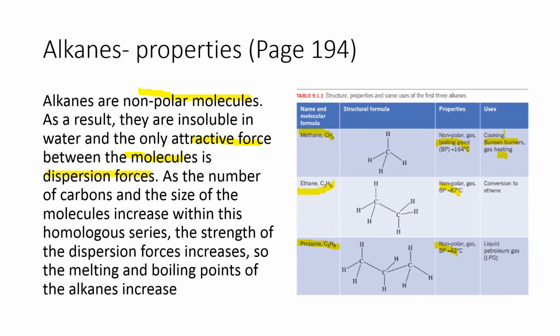Ethane is used for conversion to ethene, and propane is used for liquid petroleum gas. We'll talk about ethene later on, but you're probably aware by now that alkane names all end with -ane. The larger the molecular size, because of the increasing dispersion forces, bear in mind they are non-polar molecules, the melting and boiling points of alkanes increase as well.